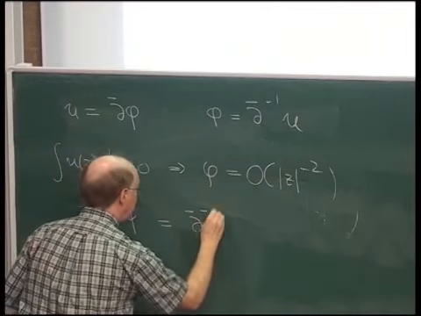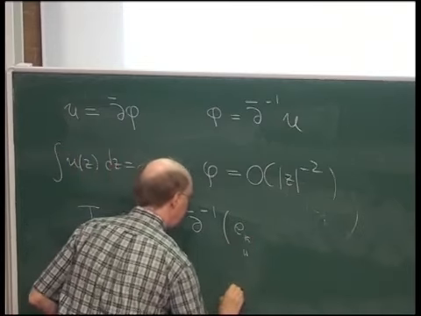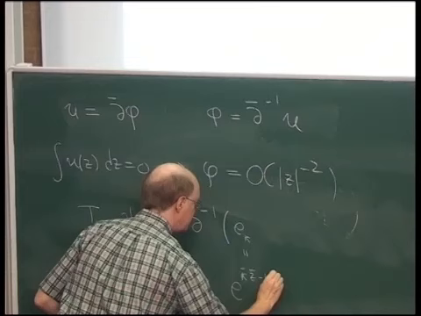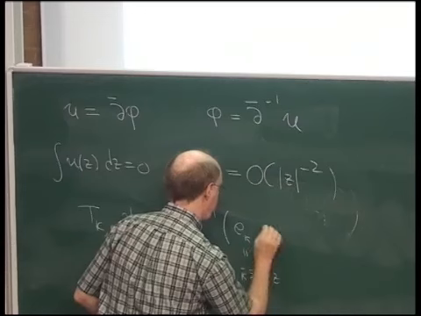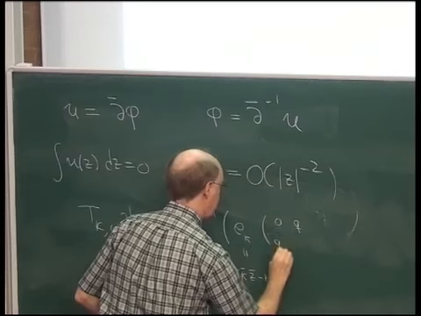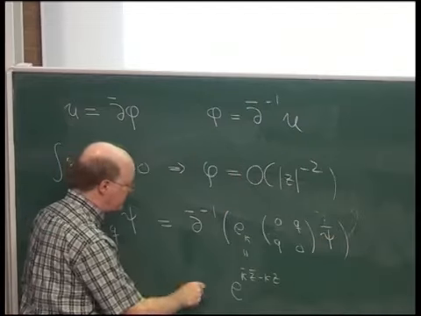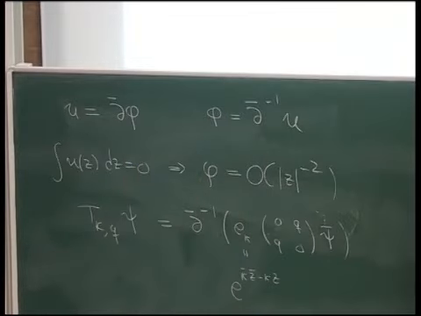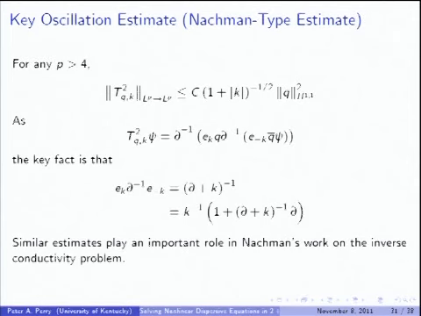There's the fundamental solution for d-bar, but what it's operating on is this function, which is an oscillatory function of z and k. So the key thing is that one has a somewhat singular integral plus an oscillatory part. And one expects that for large k, the oscillations are going to give some decay in the norm of the operator, and that turns out to be exactly the case.